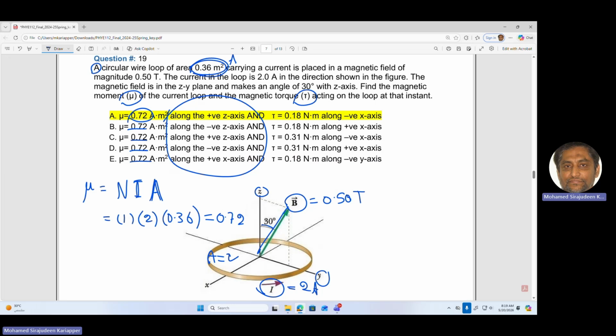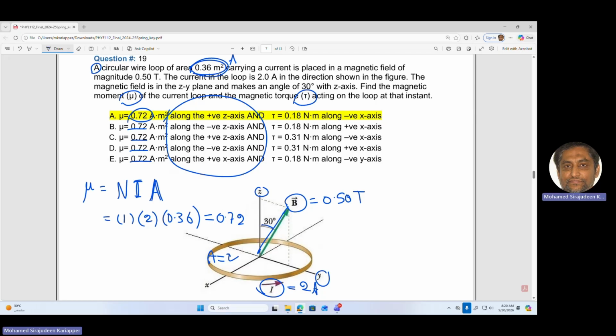Mu is a vector. The magnetic moment is a vector. It will be in the direction of the area of the loop. The direction of the area is perpendicular to the area, so it can be either positive z or negative z. Which is the correct one? How do I know?